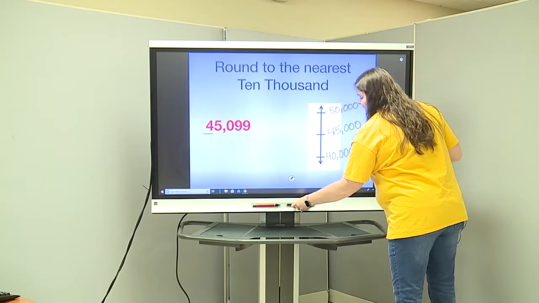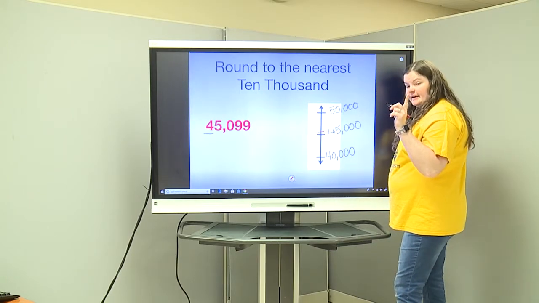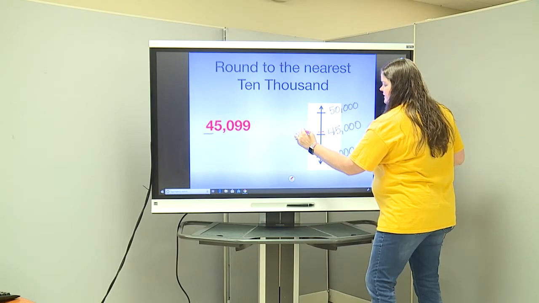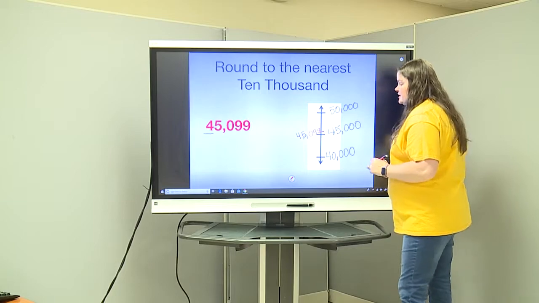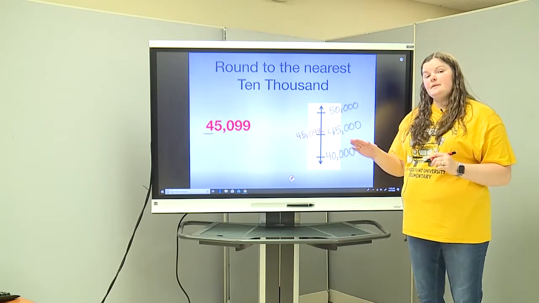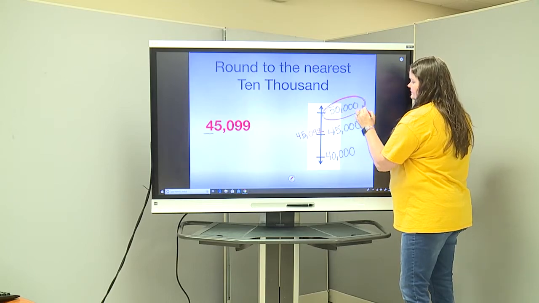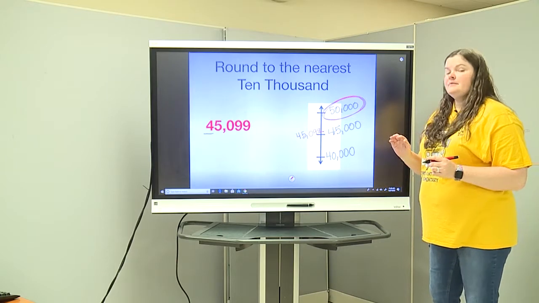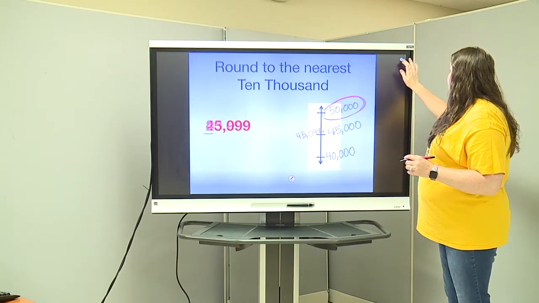So right above that 45,000, not very high, just a little bit above, would be my number. And I'm just going to write it over here so it doesn't get all mixed in with those other numbers. So since it's above the midpoint just a little bit, it's going to round up to 50,000. So that 45,099 goes up to, or is about, 50,000.